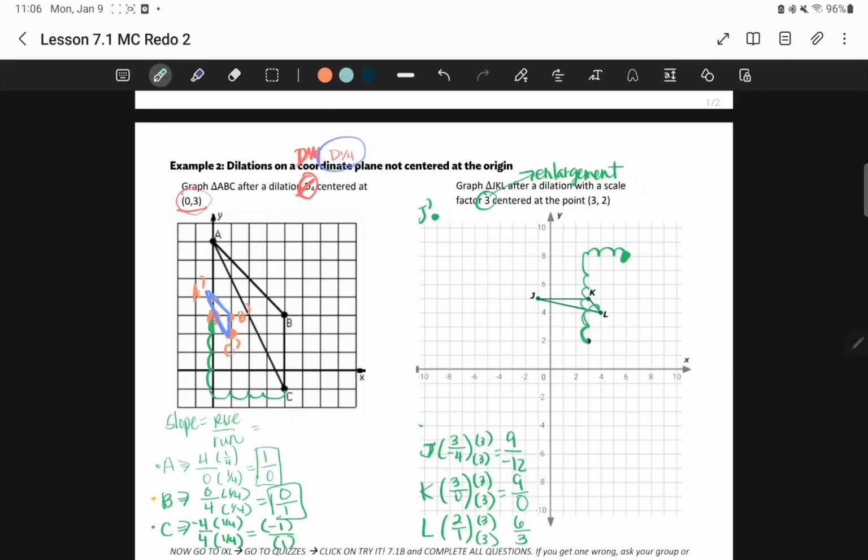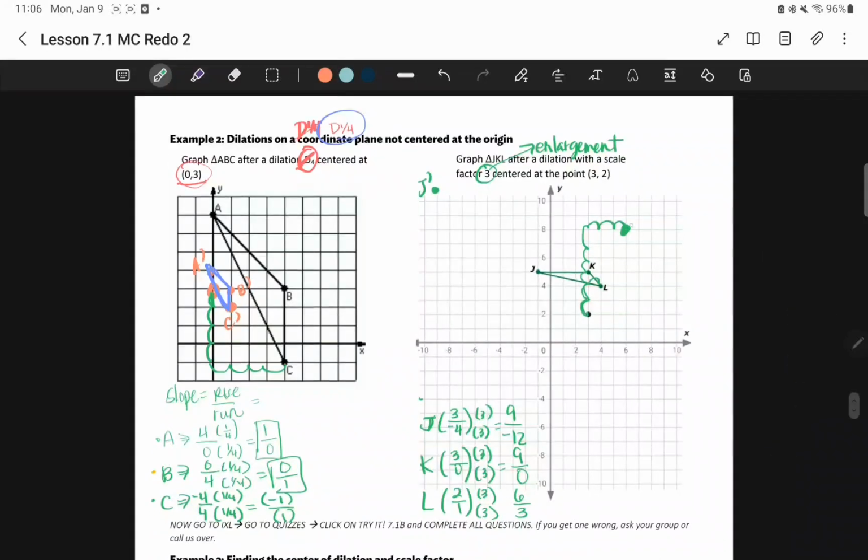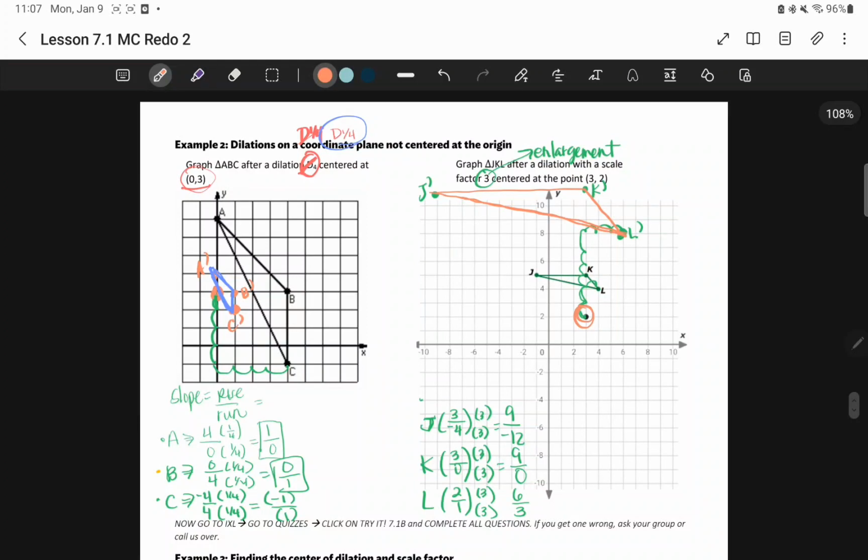And that would be my L prime. If I connect my dots, your image has to look the exact same shape, but a different size. So that is centered at this center point here. It's a little bit different when centered at the origin and when centered at a point.